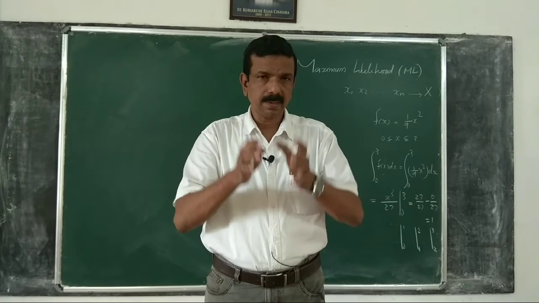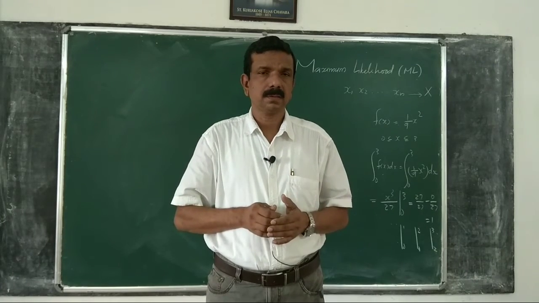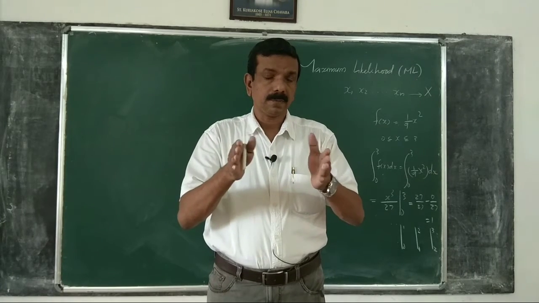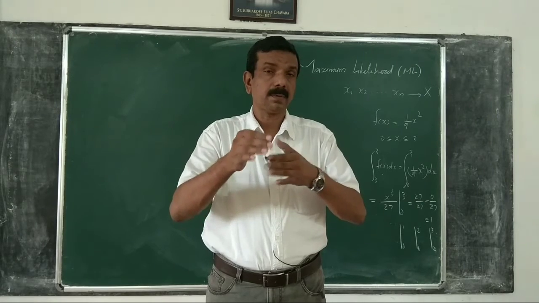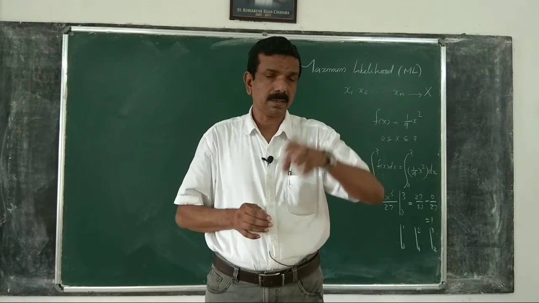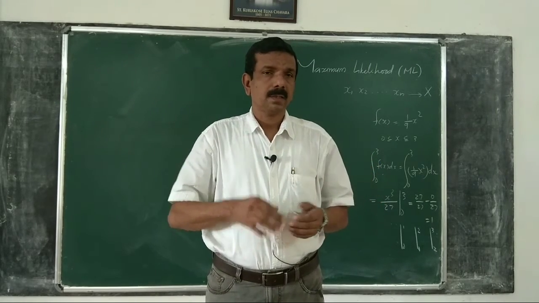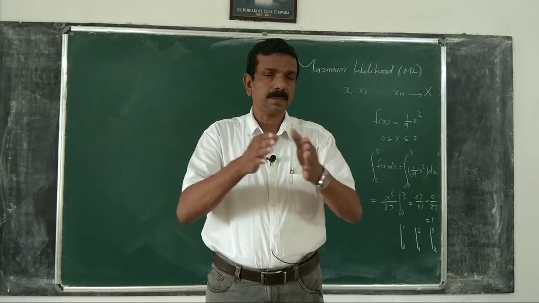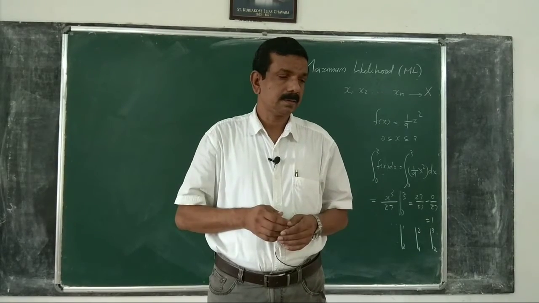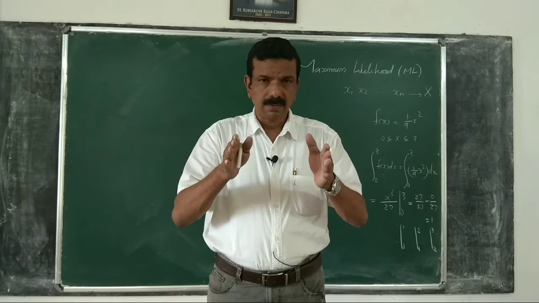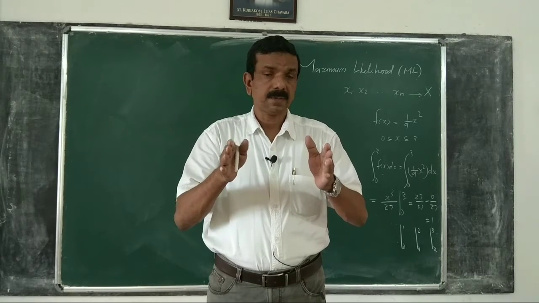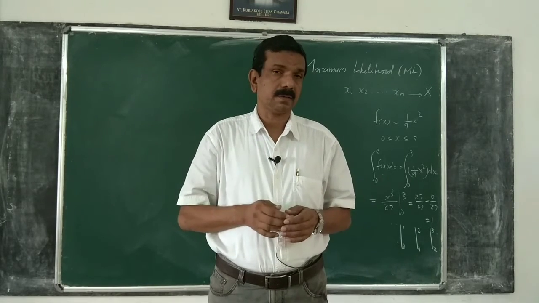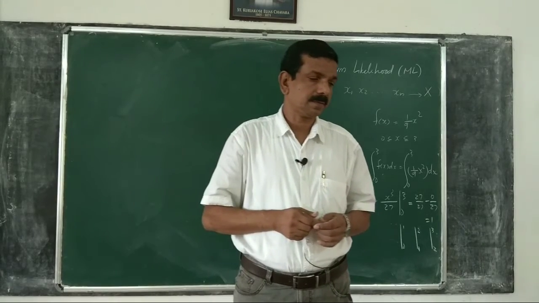So, we randomly take n observations and each observation has a certain probability of occurrence in any random sample, and this probability can be calculated if we know the PDF, the probability density function or the distribution function of x.